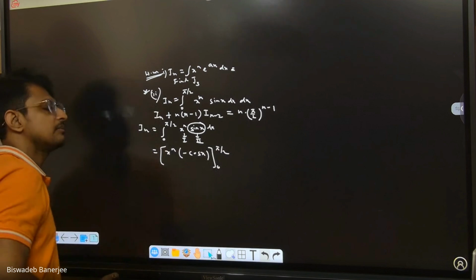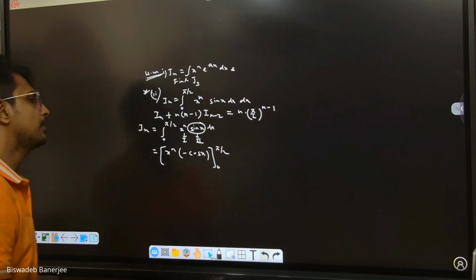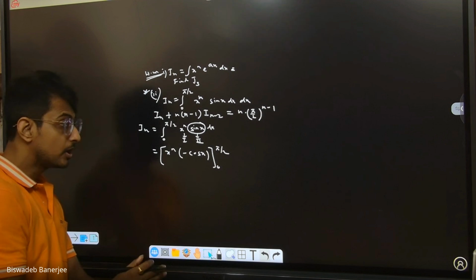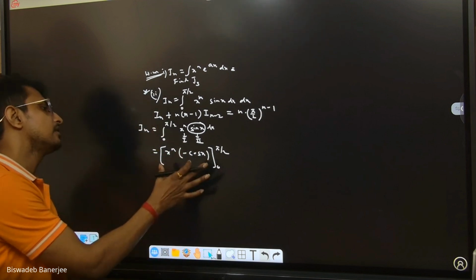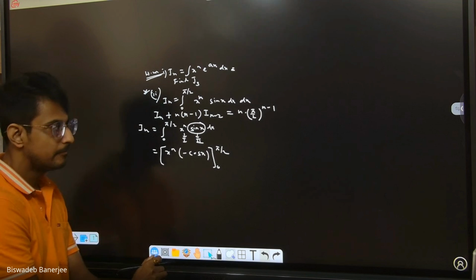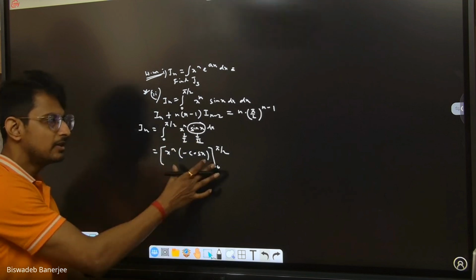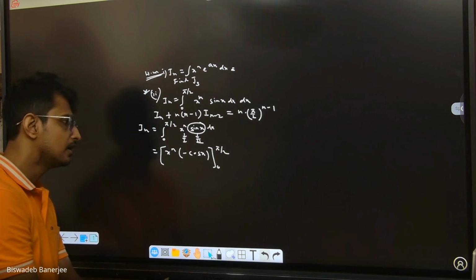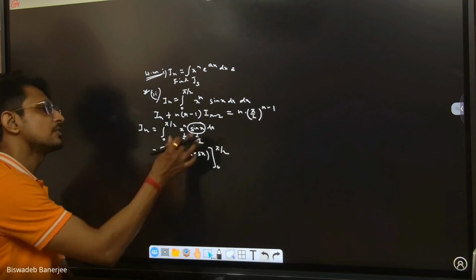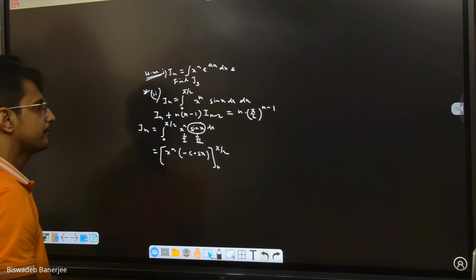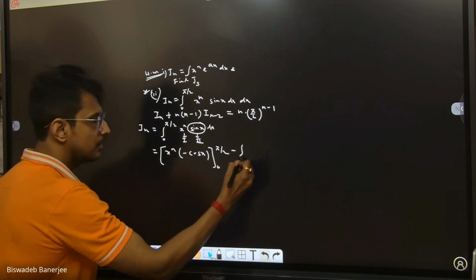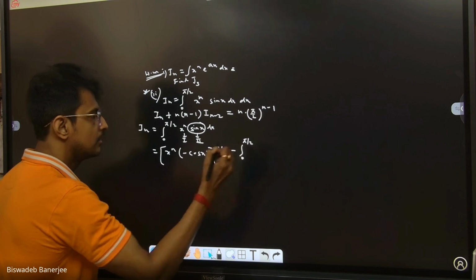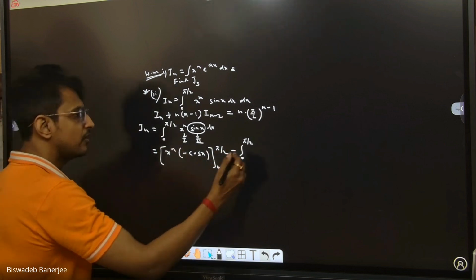We have done this in our previous lecture video. Take the limit over this entire part, not only on this sin x. Take this limit over this entire part. To the power n, integration of sin x is minus cos x. Then minus integration of the derivative of first function.